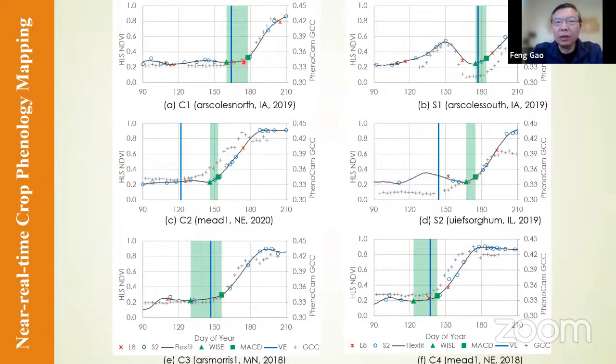But with the phenocamera, you normally look at a particular area, and the satellite may look at a different area. So we expect some difference, but this case looks really good, and we can identify similar emergence.